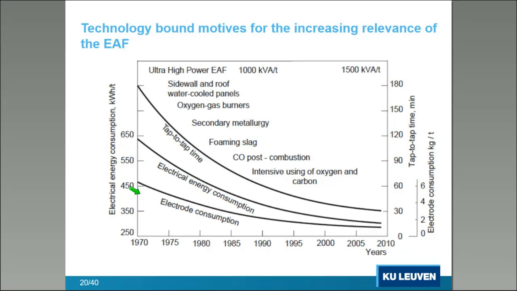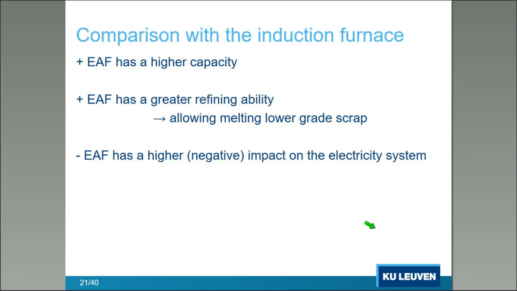So it's very important, and we see also for the electrode consumption, it is mentioned here on the right side, that you have a very beneficial reduction of electrode consumption. So these are some technology motives that can be an explanation why we have indeed an increasing relevance, an increasing breadth too, of the electric arc furnace system.